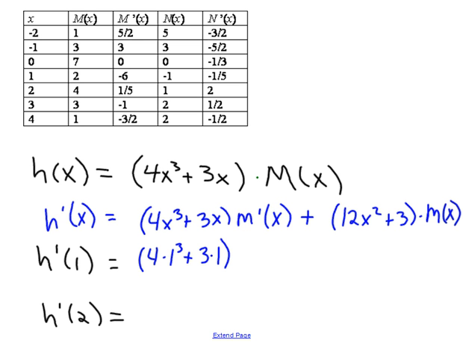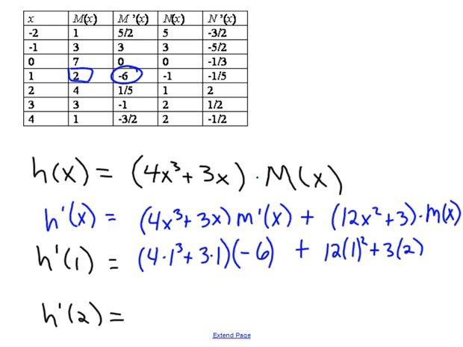Okay, now I have to go use the table to find m prime at 1. And so m prime at 1 gives me -6. Put parentheses there so it doesn't look like it's -6. And then I'm adding, and again, I just stick the 1 in for the x. And then I do m of 1, and m of 1 is 2.